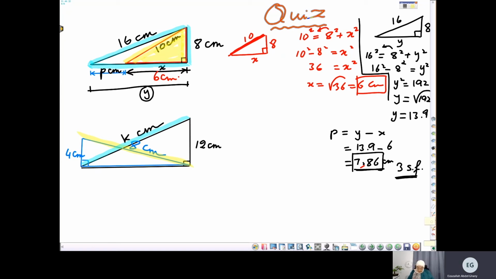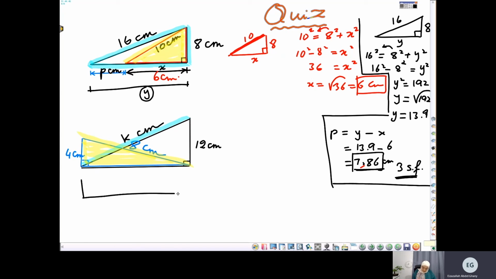Now we'll shade this triangle yellow. Let's concentrate. The best way to concentrate is to extract the triangle. Extract the blue one. Here is 4, here is 8, here is x.